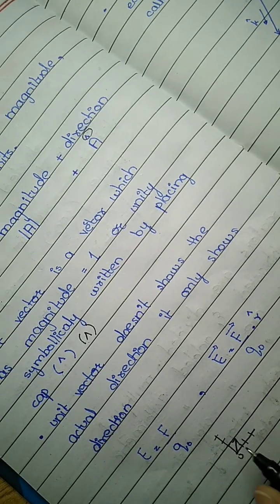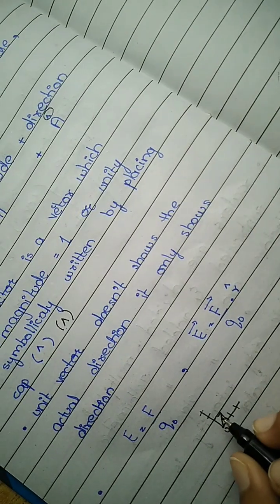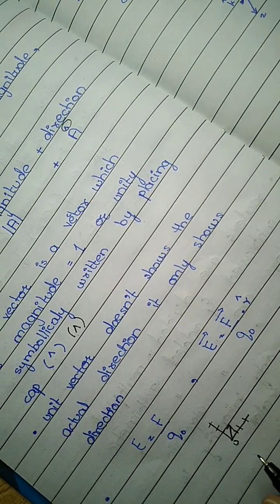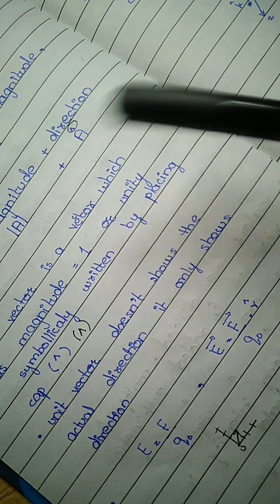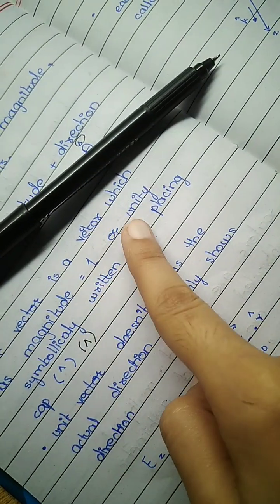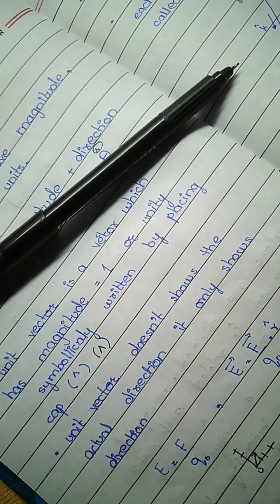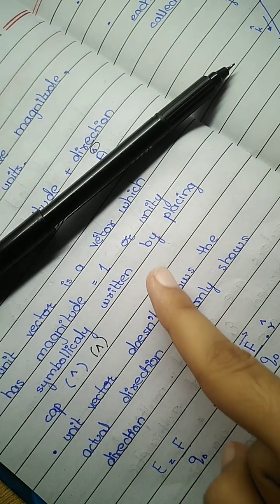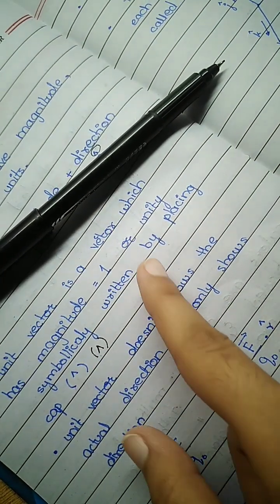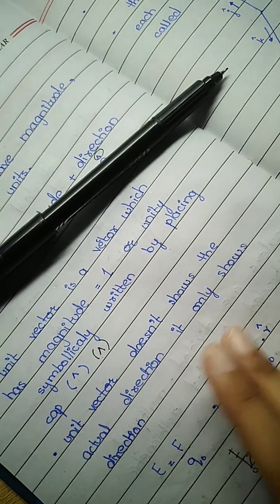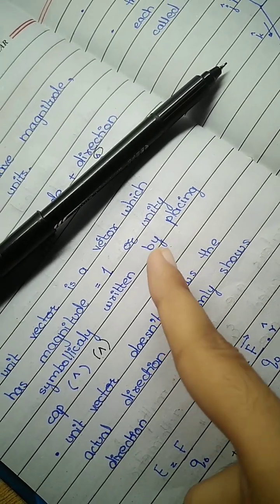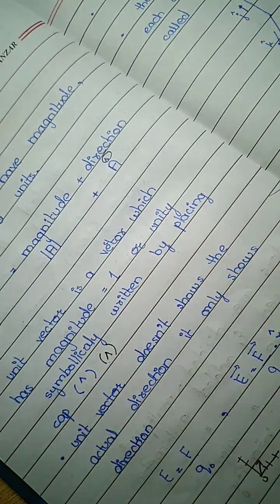Now this is a scale. Like we are just talking, this is a pen, it is placed there. Now I am not showing the actual distance or displacement or whatever, I am just showing the direction. So that is called the unit vector.